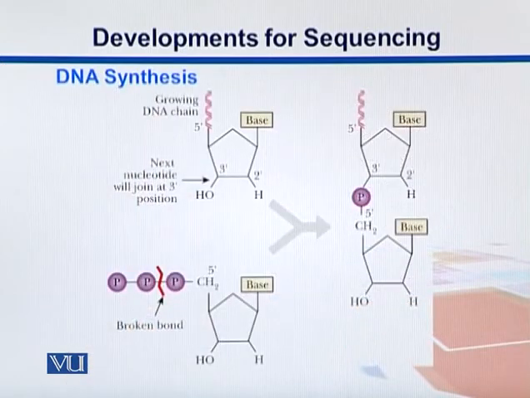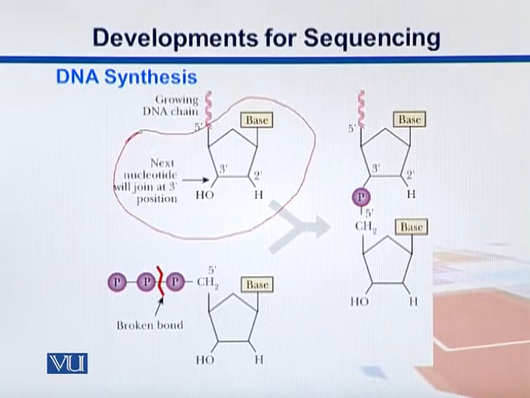Let's see how nucleotides are added into a growing chain of DNA during replication. We see in this diagram the terminal, or last, nucleotide which is part of this growing chain. We see the different carbons of the five-carbon sugar in the middle, with the base attaching at position number 1.